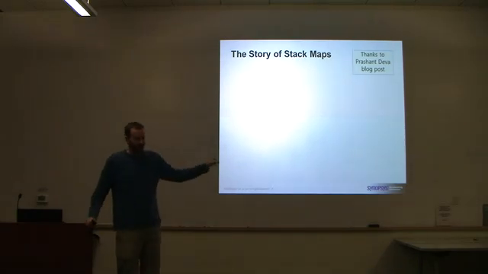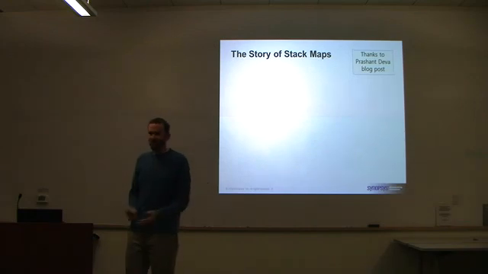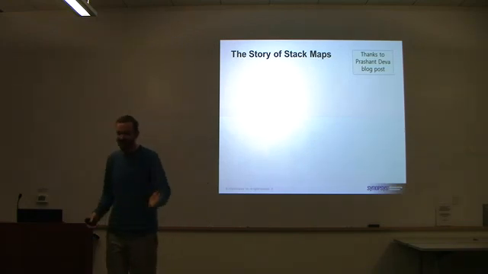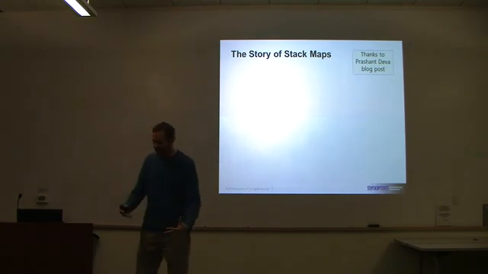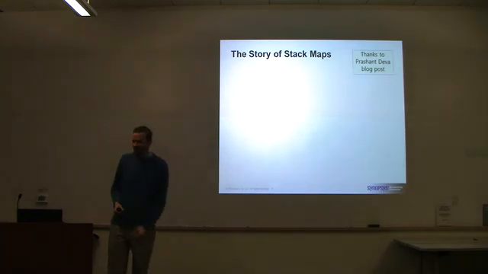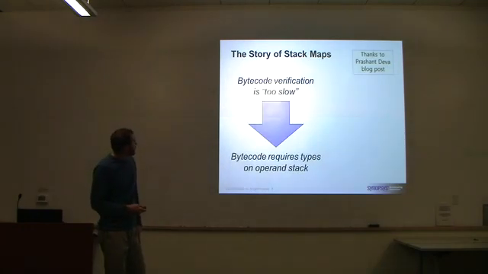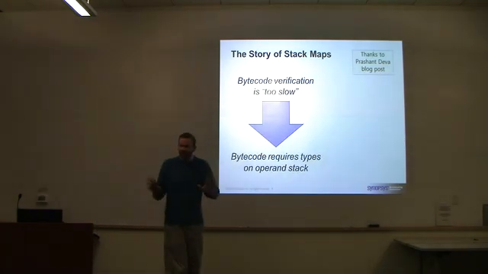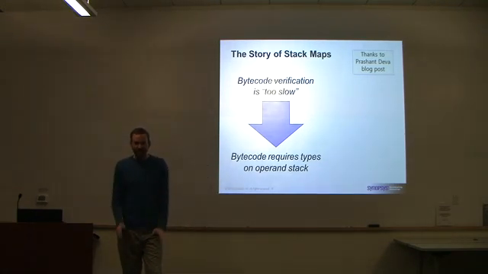And before I go further, I have to credit a blog post by Prashant Deva, who really outlined basically everything I want to tell you from here on. But I ran into this, it caused me some grief, I think other people should be aware of this. And so I'm doing my part in sharing that and educating. So the thing Oracle was trying to do was, in theory, there was this problem that bytecode verification is too slow.